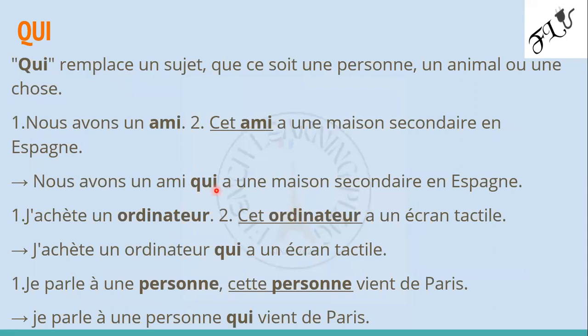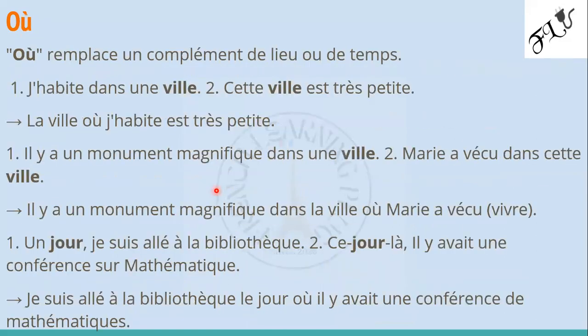No, impossible, because qui is a subject. So in case you're given an exercise to fill in the blank spaces with qui, it's very easy. Don't waste your time. Anywhere you find a blank space and the next word is a verb, it's qui. And anywhere you have a blank space and the next word is a subject, like je, tu, il, elle, it is que. Did you get that? Okay, so let's go to the next one.